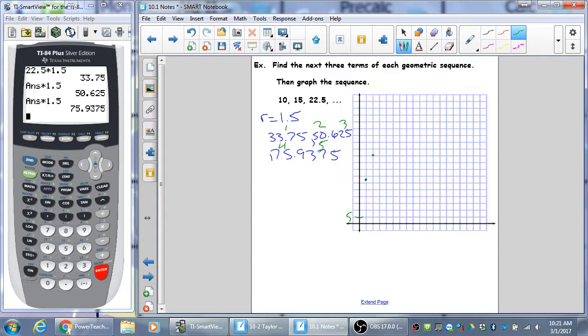And then 3 is 75. Oh, did I skip some? What am I doing? Oh my goodness. I've got to back up all the way.